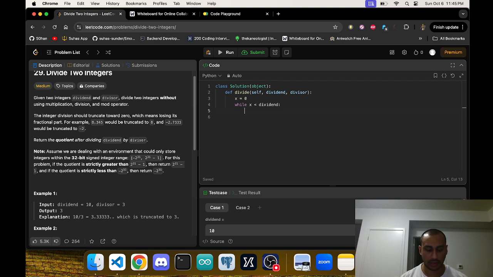I want to go x plus equals divisor. Let's go 3 plus 3 plus 3. And that's what I'm trying to do here. And then I want to also create a counter variable. Counter equals 0. Counter plus equals 1.